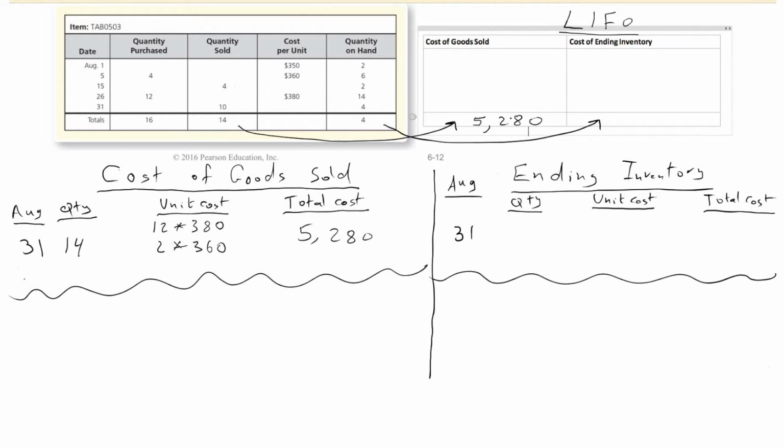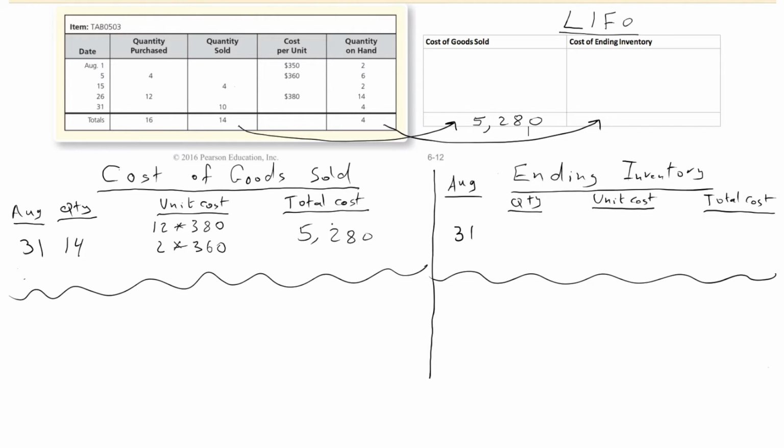Okay, and then the ending inventory, again, you can do that in 2 different ways. Either you find out how many units you have left over, multiply them by the cost per unit for every group of units that you have in your inventory layers separately, or subtract your cost of goods sold from cost of goods available for sale.